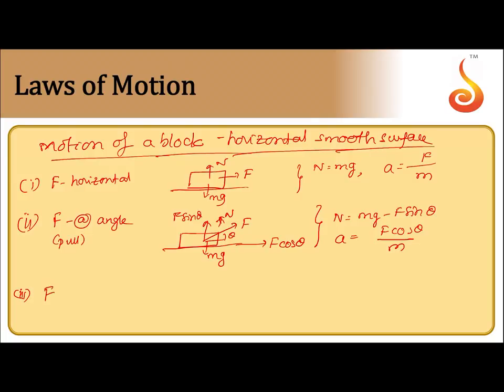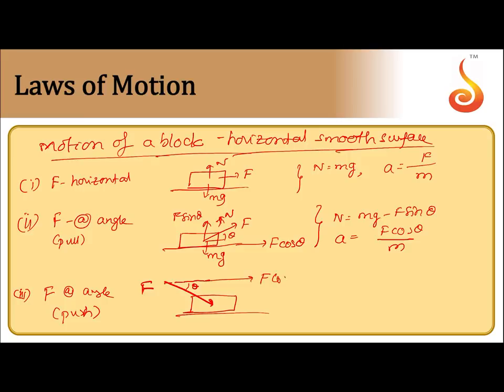So now let us consider a force at an angle, but this time it is push. So I am exerting a force F along this direction. It is a pushing force, such that with horizontal the angle is theta. So what are all the forces again?